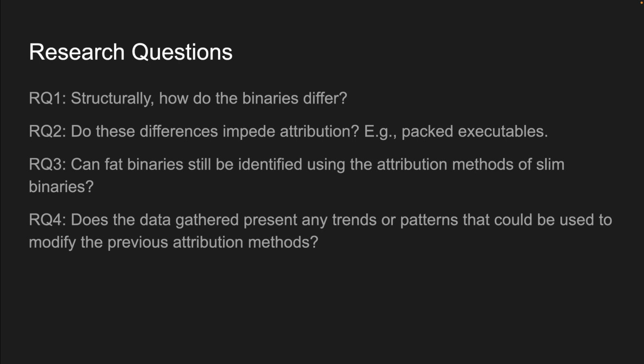Is the fact that they're being wrapped into one executable, but supporting multiple platforms, does that impede the current attribution methods? The third question, can fat binaries still be identified using the attribution methods of slim binaries? And question 4, does the data gathered present any trends or patterns that could be used to modify the previous attribution methods? This question should also be asking if those trends or patterns could be used to create new attribution methods.